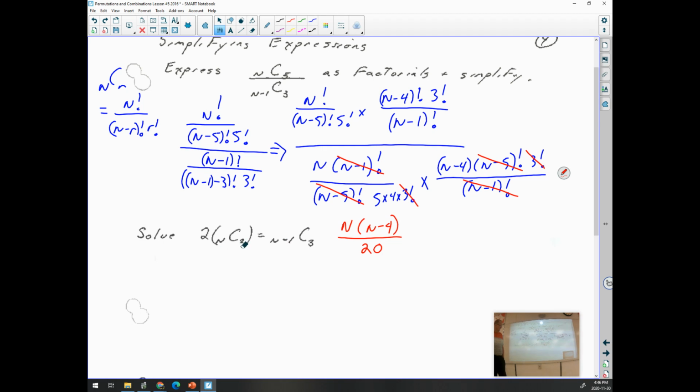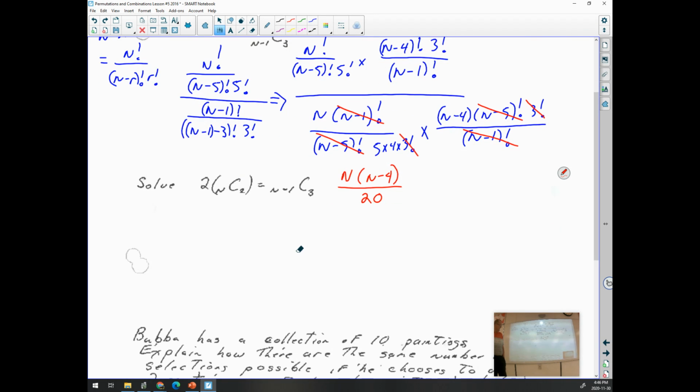Now, if you want to solve this, again, I can't remember if I actually can solve this, but the process would be the same. We are going to replace the combination notation with factorial notation. We have 2 times n factorial over n minus 2 factorial 2 factorial.